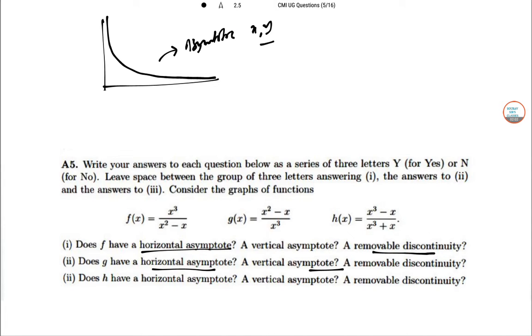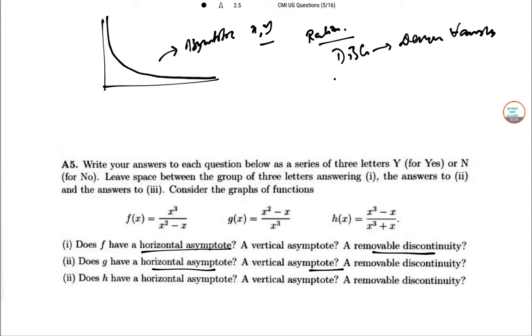x and y axis. Okay, so a rational function is continuous wherever it is defined, and its only discontinuities are where the denominator vanishes. So discontinuity means denominator vanishes.